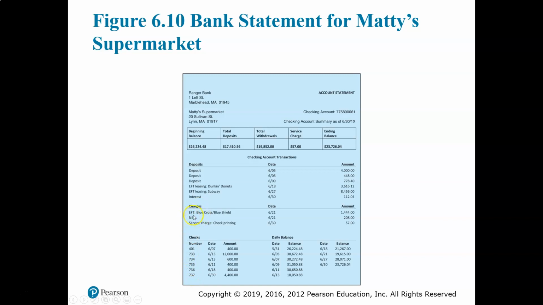You have an EFT that you might have to record if it hasn't been recorded, an NSF check, a service charge for check printing. There's some interest you would have to record. So anything that wouldn't have been recorded in your general ledger, you need to record to match this.